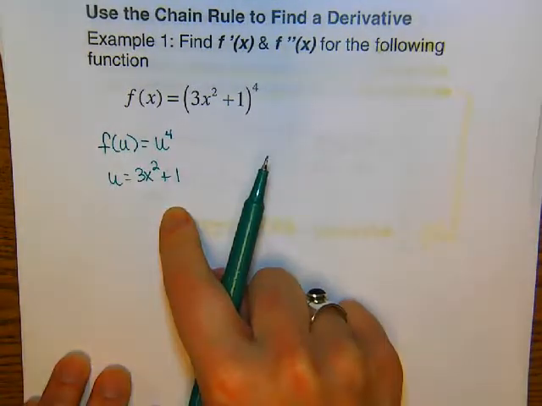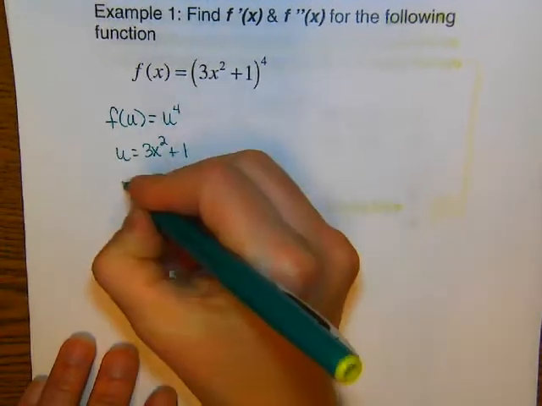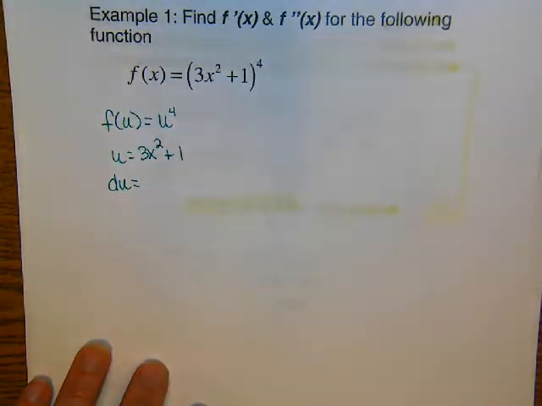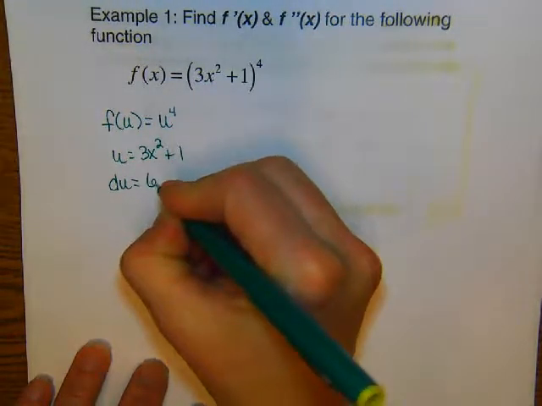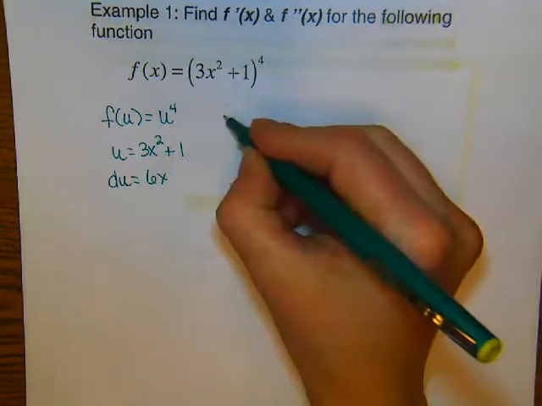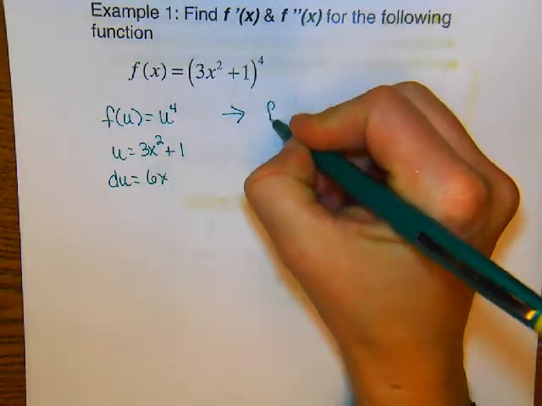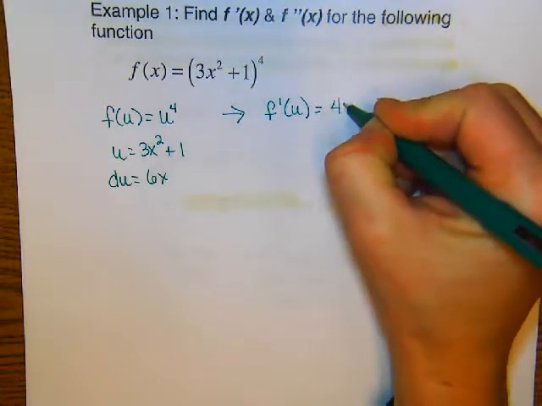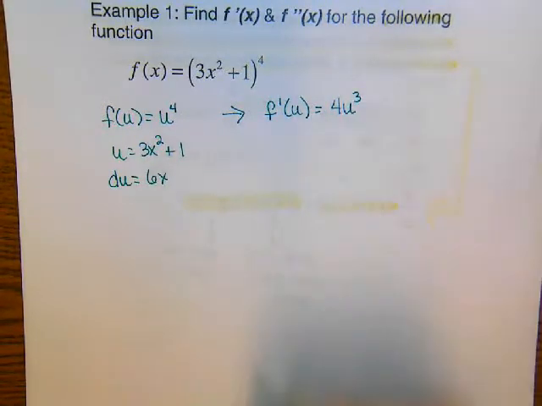Eventually, what am I going to need? I'm going to need the derivative. So let's write that down. What's the derivative of 3x squared plus 1? Okay, so these are all the things I need to solve the problem. To take the derivative with respect to u, wouldn't I do 4u to the third?